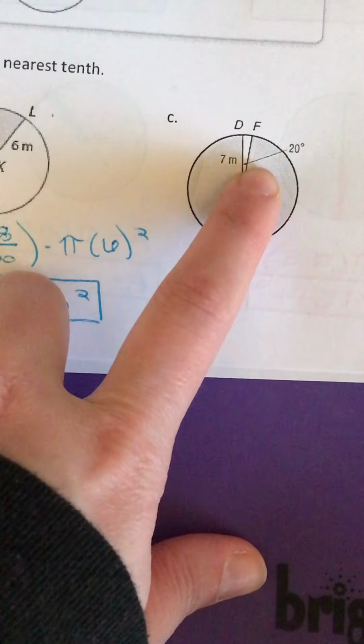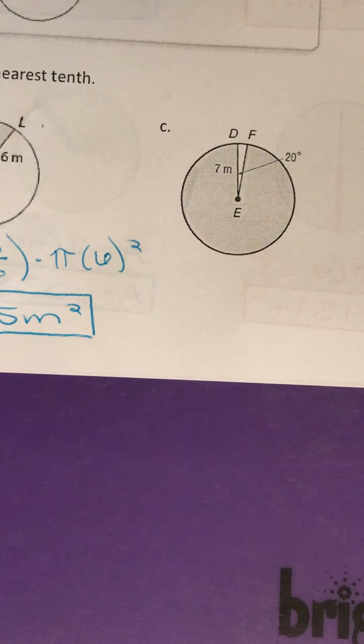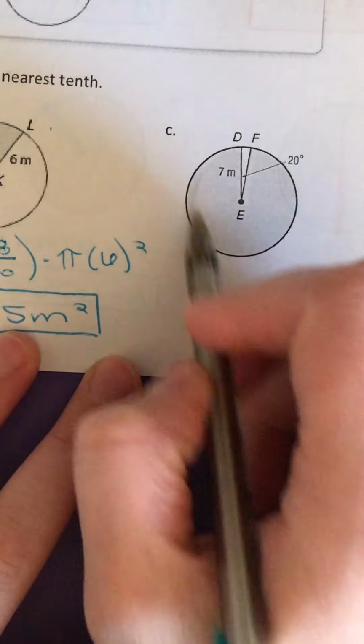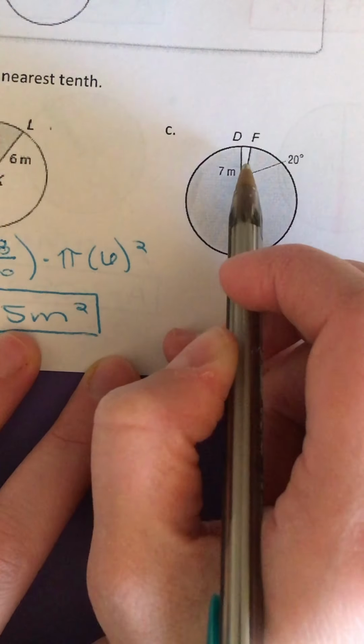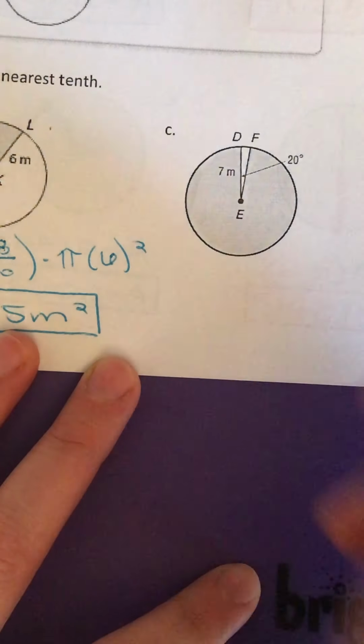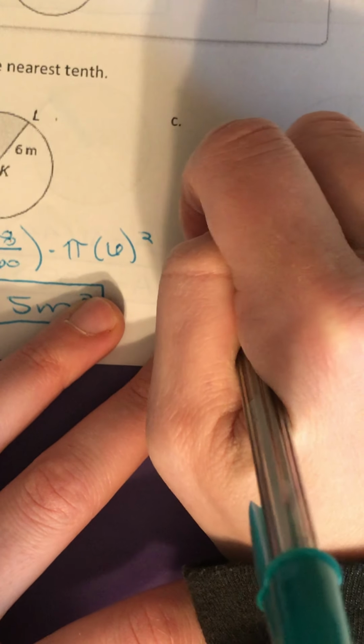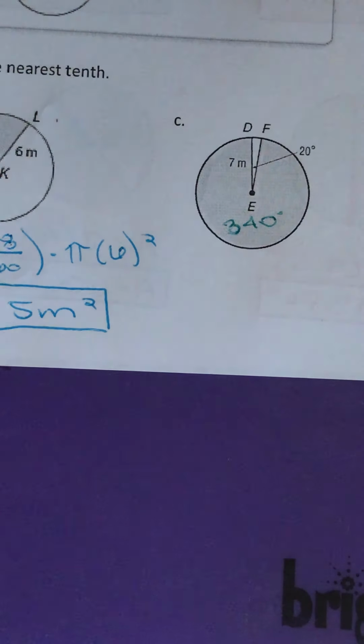The last one's a little tricky because it's telling me that the unshaded portion is 20. But I want to know what the degree measure of the shaded is. So like I said earlier, the entire thing is 360. If this little portion is 20, I'm going to do 360 minus that 20 and get 340 degrees. And that's the degree that I'm going to use.